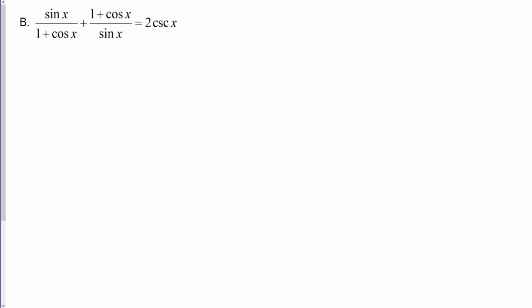B, sine x over 1 plus cosine x plus 1 plus cosine x over sine x equals 2 cosecant x. All right, let's see what happens here. So I'm going to start with the left-hand side because it's clearly got a lot more terms in it. And since it's 2 fractions, I'm going to work on combining those into a single fraction. So to combine into a single fraction, I need a common denominator.